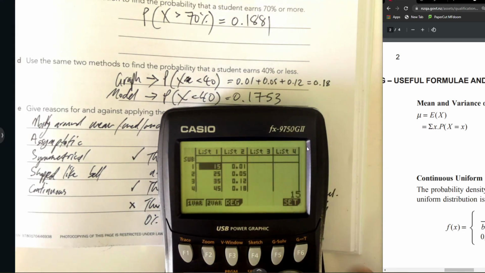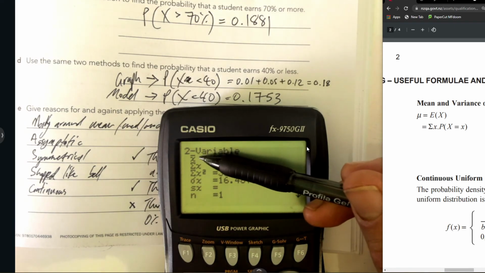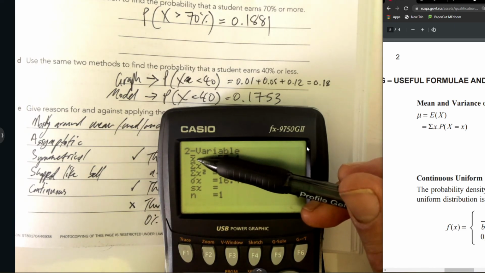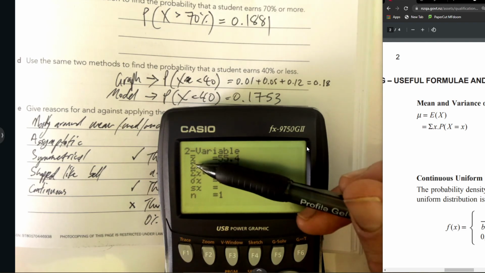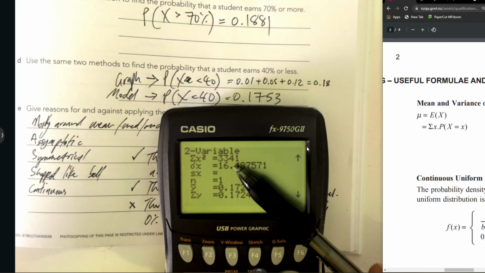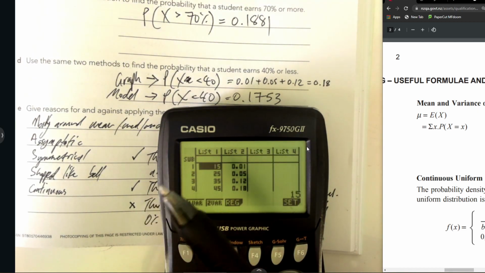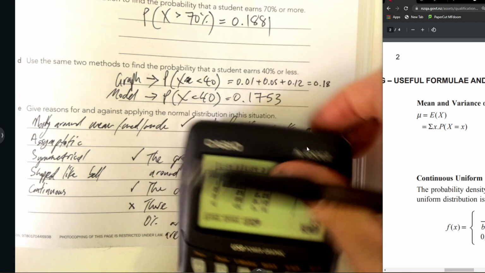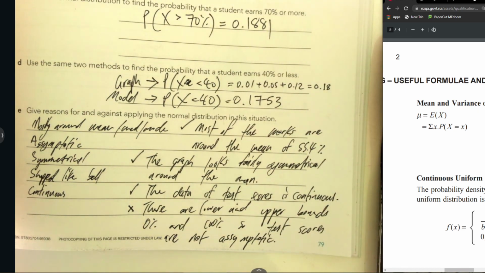So see how that tells you now your X bar, expected value of X or mean. I think it's because this thing can't do a mu symbol. And then this is the summation, and down here we've got our standard deviation, which the answer told us was 16.5. So yeah, this calculator is overpowered, but unfair, to be honest. It's unfair that some people get the calculator after this time. Sounds like a dumb system to me.